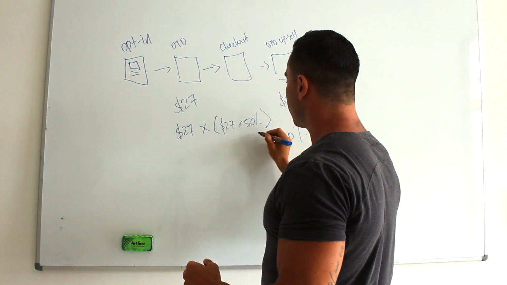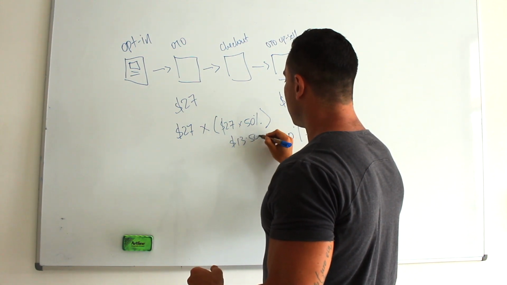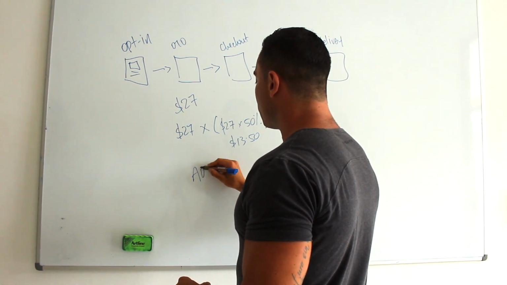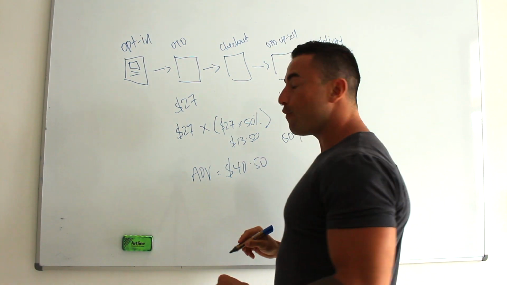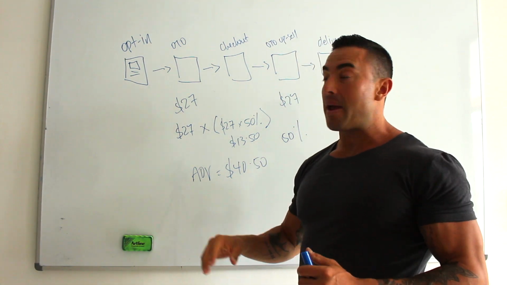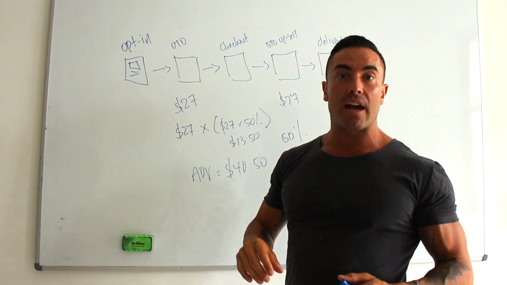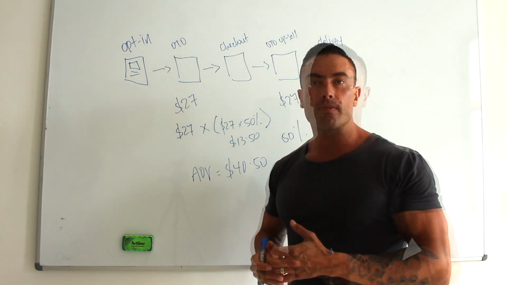That equals $13.50. So if you add 27 and 13.50, that means your average order value is $40.50 right now. So the average order value of everyone going through that funnel is worth $40.50 to your business.